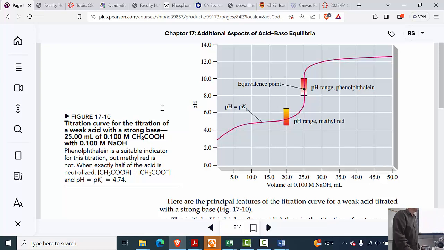What they also like to do is not have nice, clean numbers like this. So what they might do is make the acid an odd number, like 0.113, and the base 0.189.